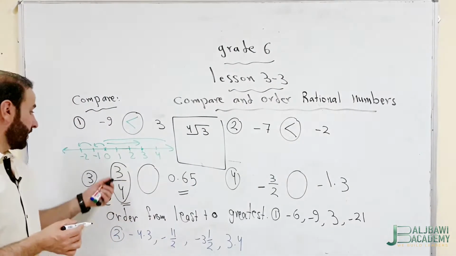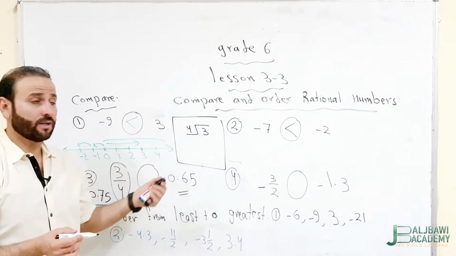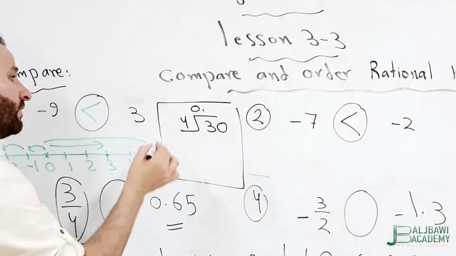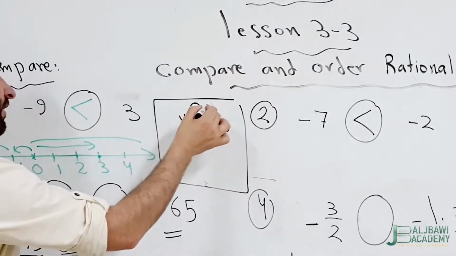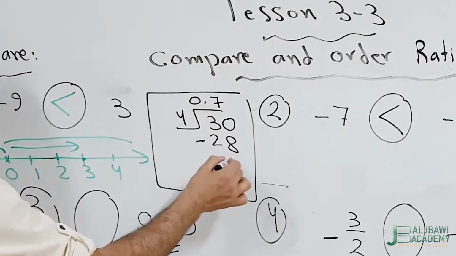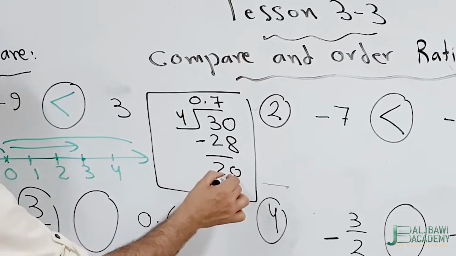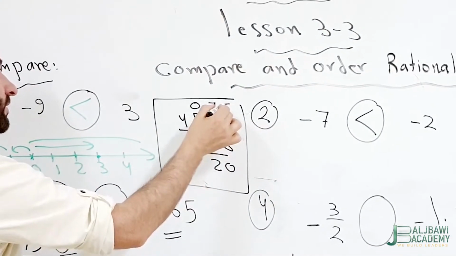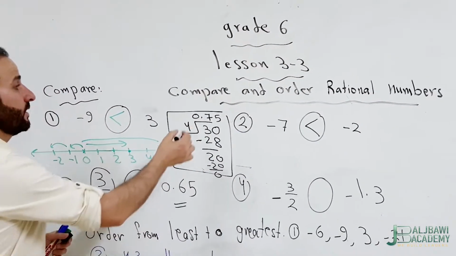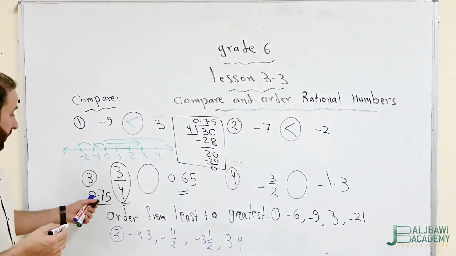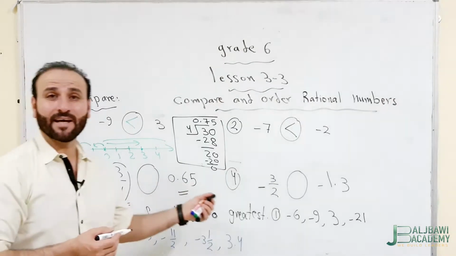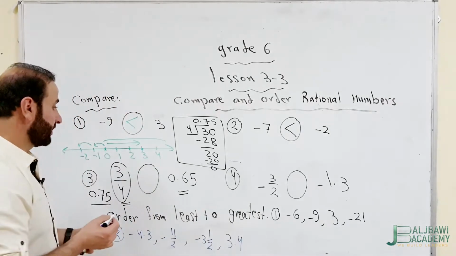As you know, 3/4 means 3 divided by 4. 3 divided by 4, we can't, so we put 0, and here 30 divided by 4 equals 7. 7 times 4 is 28. Subtract, 2. Then 20 divided by 4 equals 5. Subtract, 0. So 0.75. So 3/4, which is 0.75, is greater than 0.65.